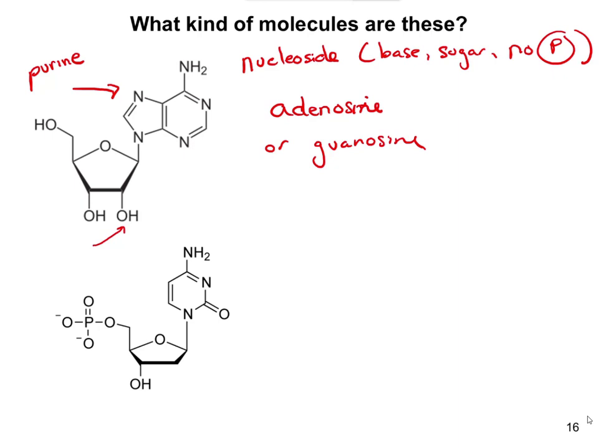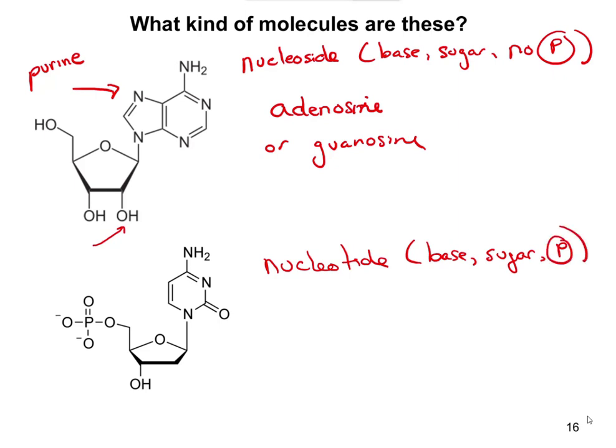Now, if you're looking at the bottom one, I can say it's a nucleotide. And how do I know it's a nucleotide? Because it has a base here, it has a sugar here, and then it has a phosphate over here. So it has all three parts: base, sugar, and a phosphate.